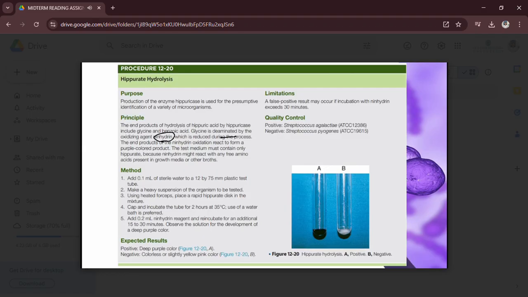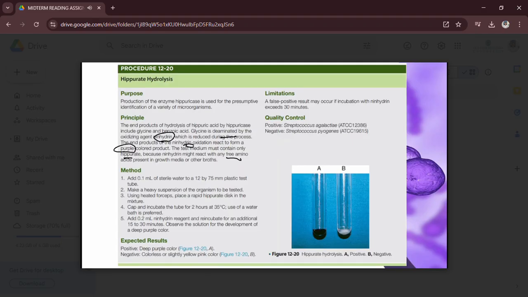This is reduced during the process, and your end products of the ninhydrin oxidation react to form a purple colored product. Take note that this test medium must contain only hippurate because ninhydrin reagent might react with any free amino acids present in the growth media or other broths.